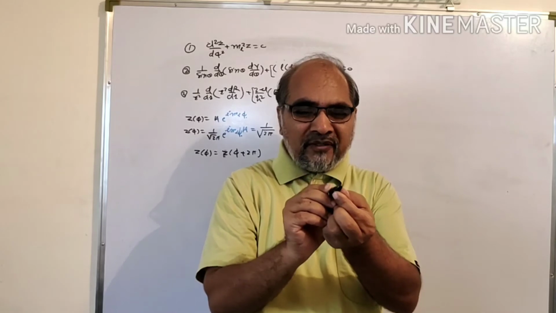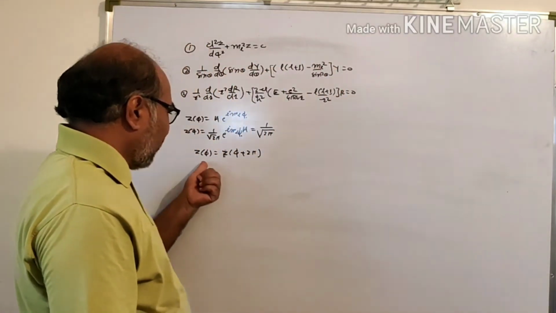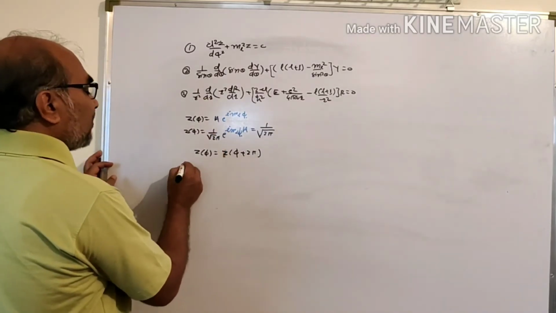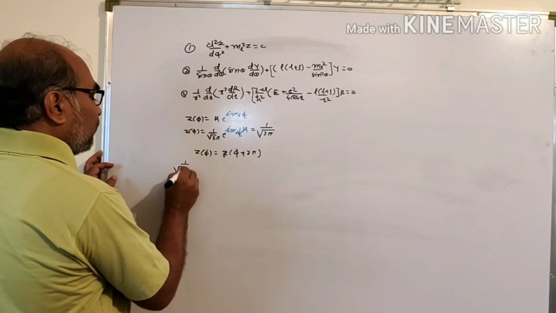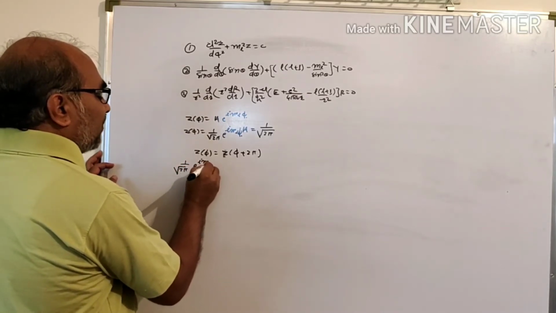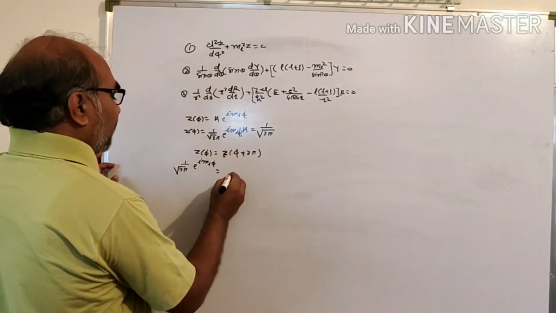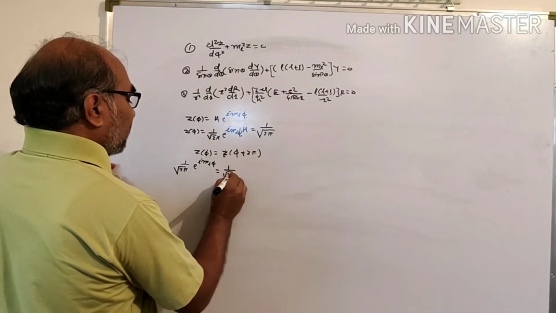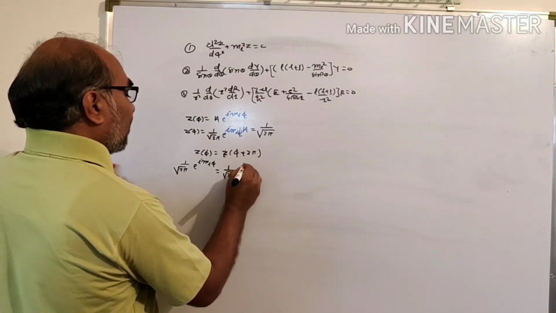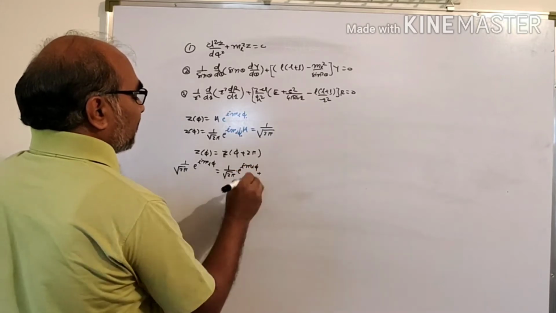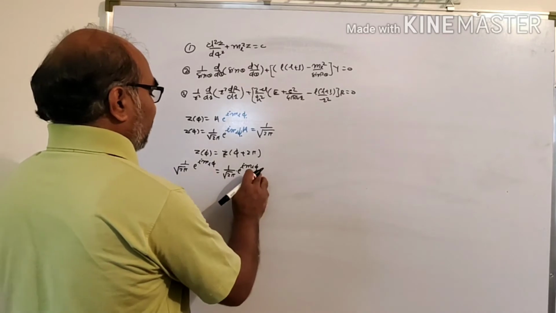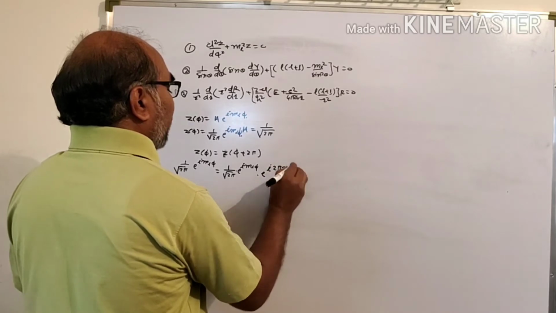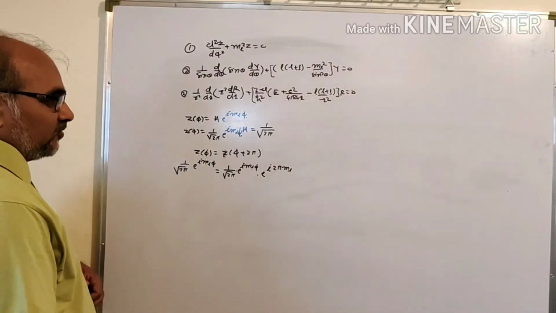According to this, 1 upon root 2 pi e raised to i ml phi is equal to 1 upon root 2 pi e raised to i ml phi times e raised to i 2 pi ml.